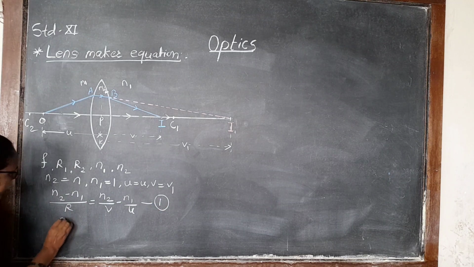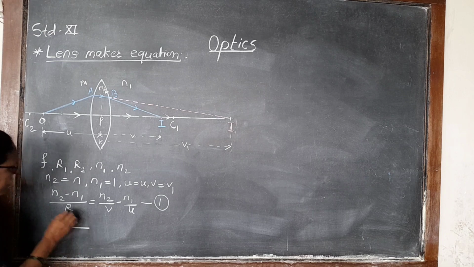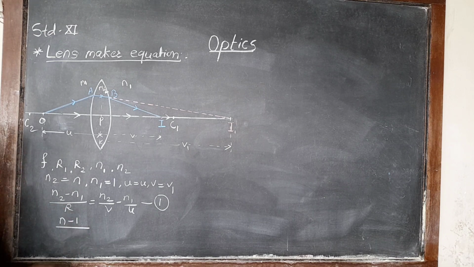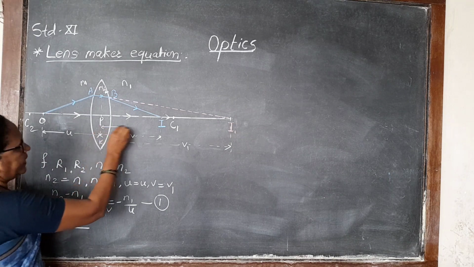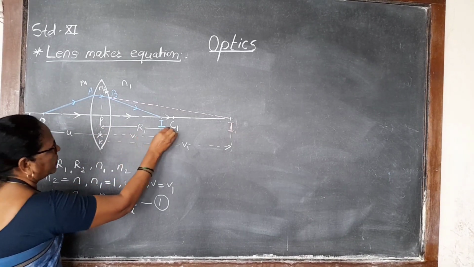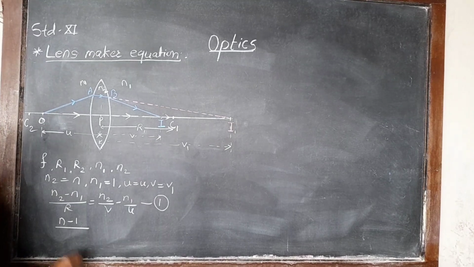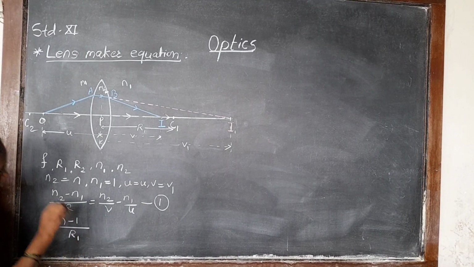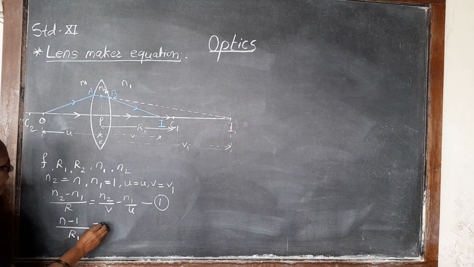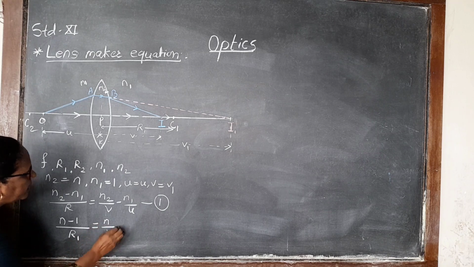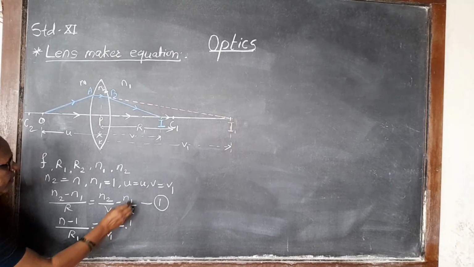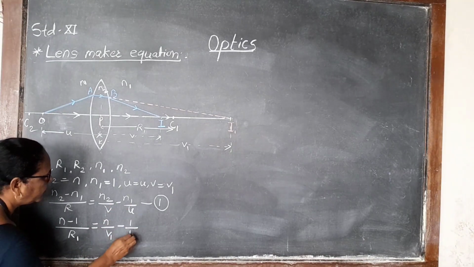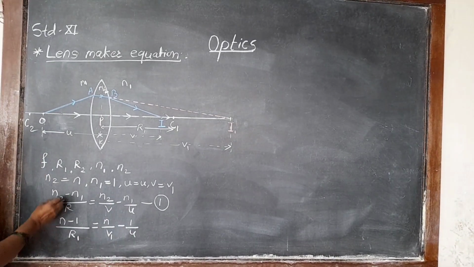So you get N minus 1. Now R is the radius of curvature. As this is the first spherical surface, the radius of curvature is suppose R1 for the first spherical surface. So you will write here R1 is equal to N2 is N upon V1 minus N1 is 1 upon U. परत एकदा लक्षात घ्या.